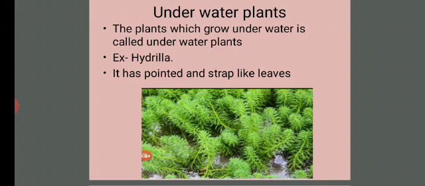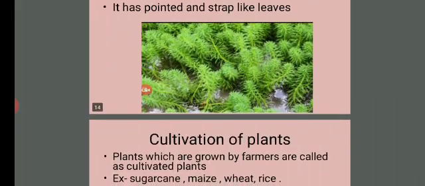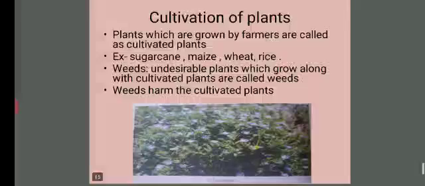The plants which grow under the water are called underwater plants. An example is hydrilla. Such plants have pointed, strap-like leaves.